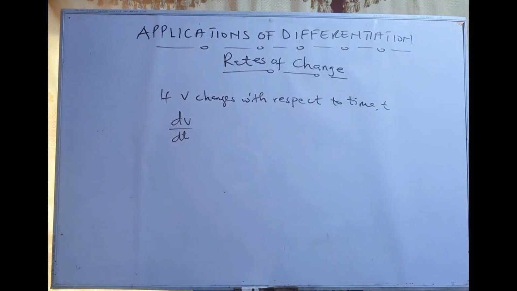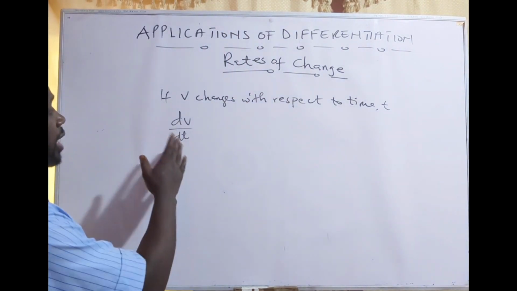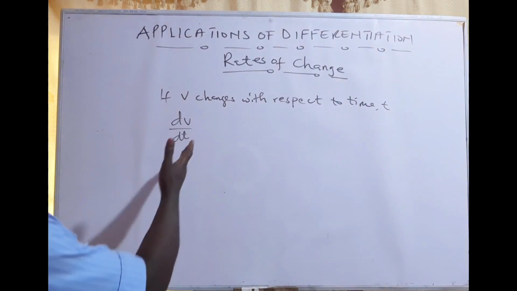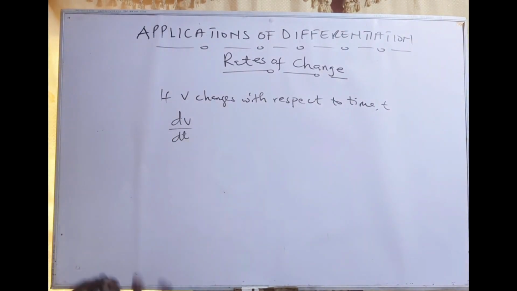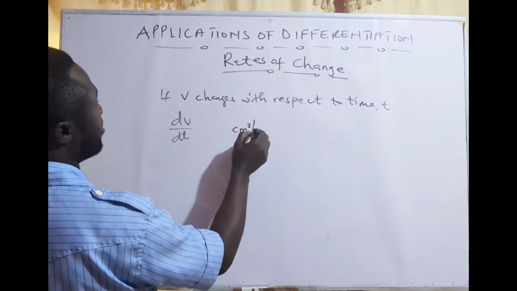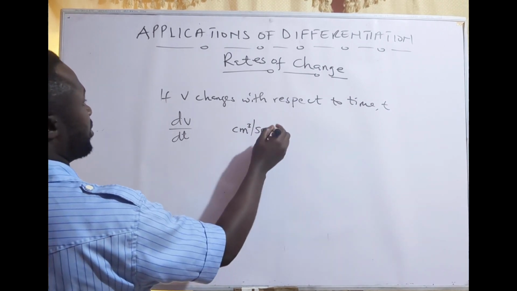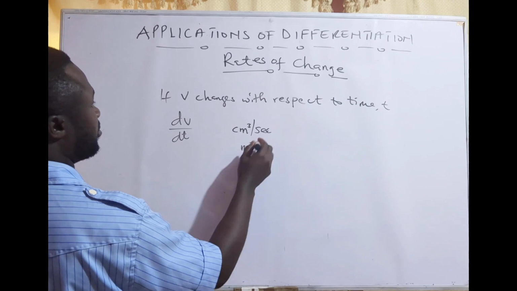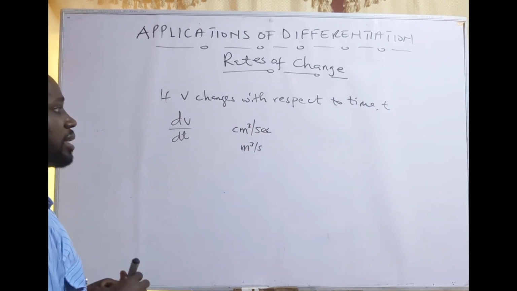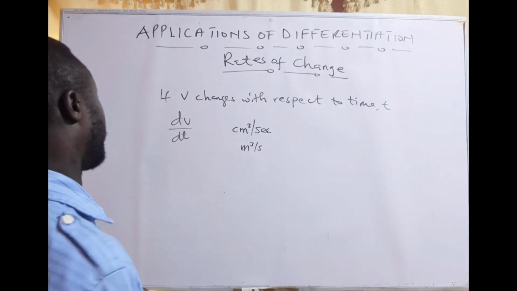And sometimes, since the change is with respect to time, you may be given the unit in time, mostly in seconds. So if it is volume, it can be centimeter cube per second, or meter cube per second, and so on. That means there is a rate of change with respect to time.